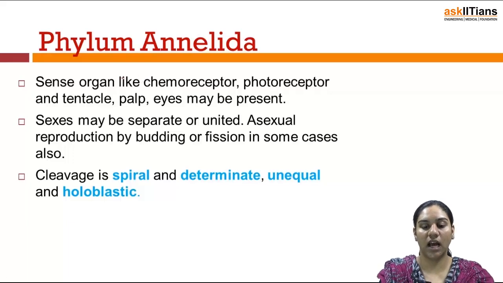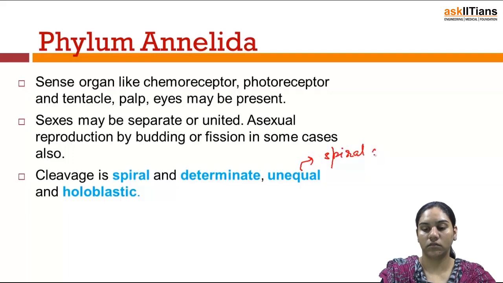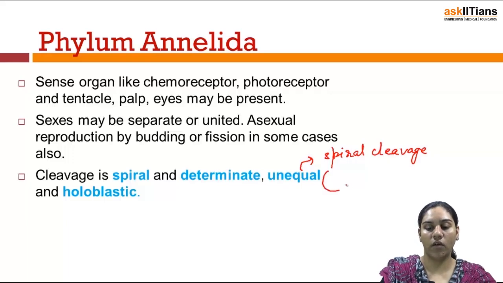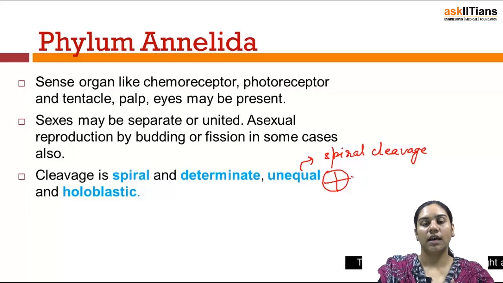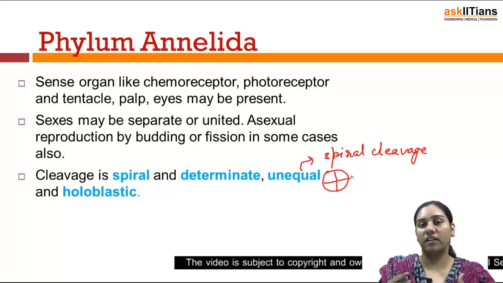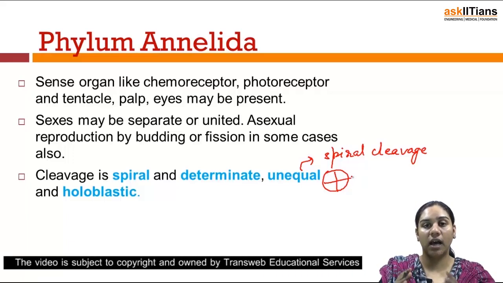Now, about unequal cleavage. Unequal is a type of spiral cleavage. So what happens in unequal cleavage? Suppose there is an ovum. After two divisions, four blastomeres are formed.